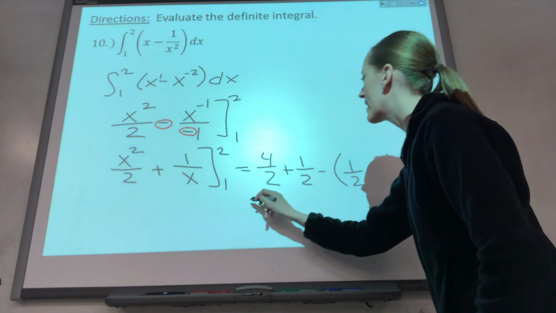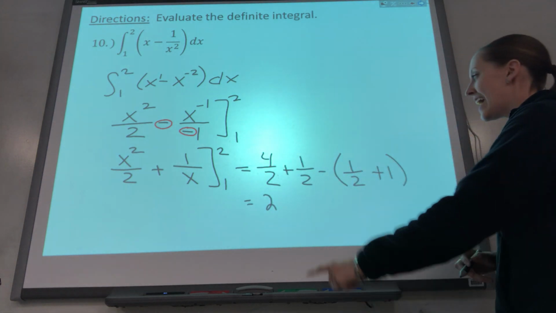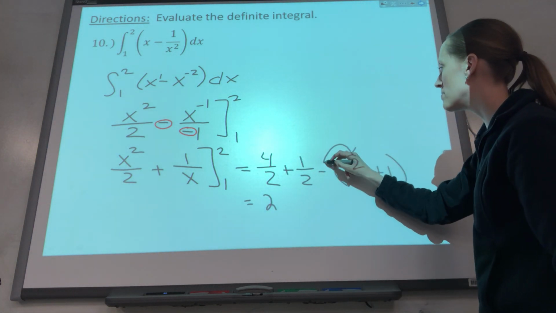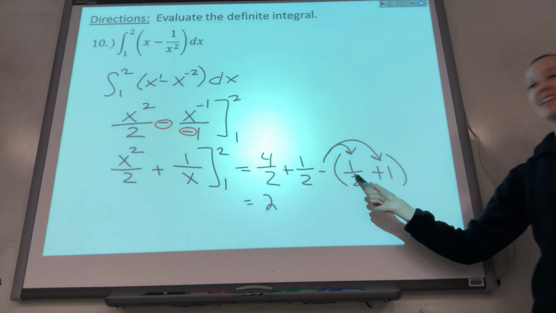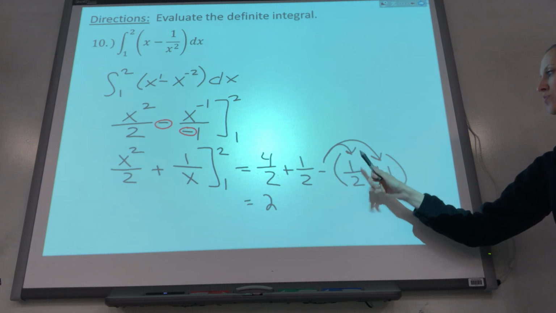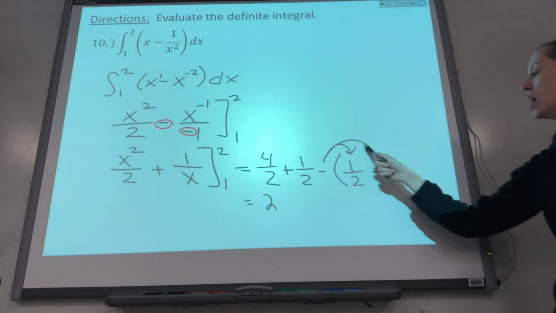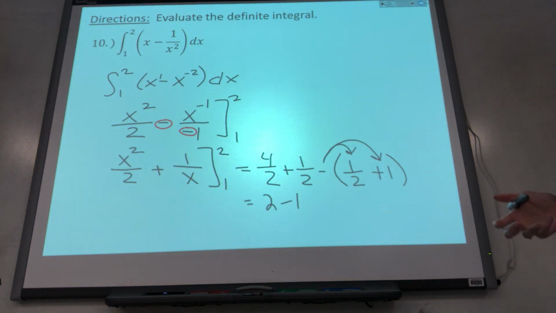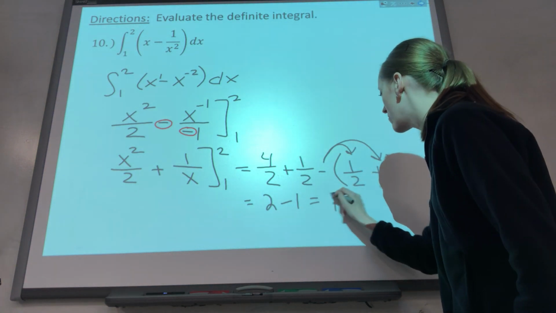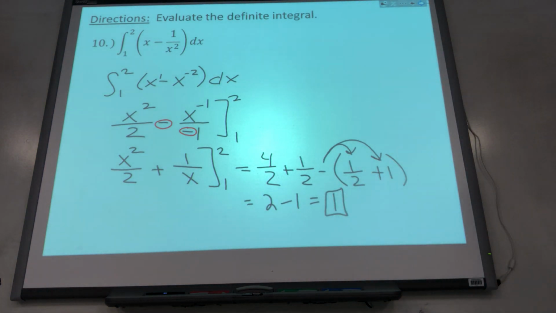So, I mean, this is like a 2 right here. And by the time I distribute that negative, 1/2 minus 1/2 is just going to drop out, but I will still have minus 1 right after that. So, of course, 2 minus 1 would just be 1.